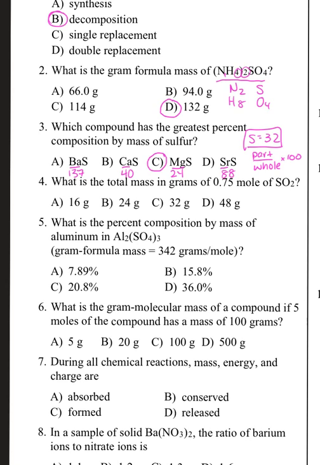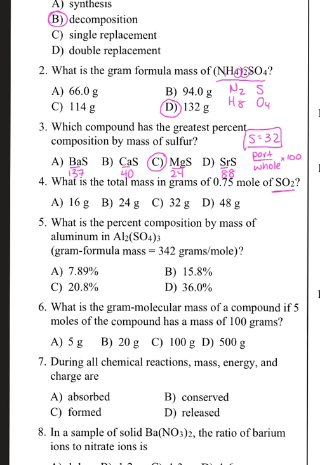Question 4 is a conversion question. We're asking what is the total mass in grams of 0.75 moles of SO2. So to do this, we need to set up a dimensional analysis problem, and we're going to need a conversion factor. We're going to need the molar mass of SO2.